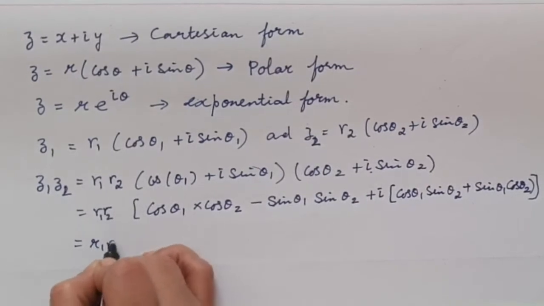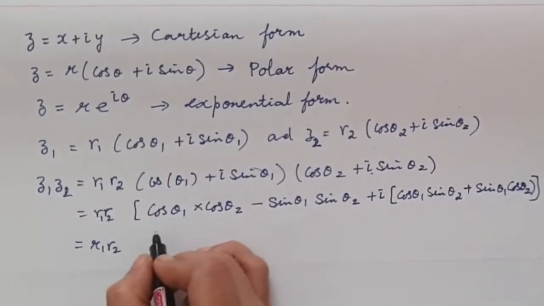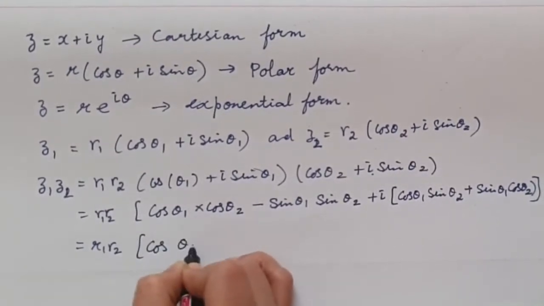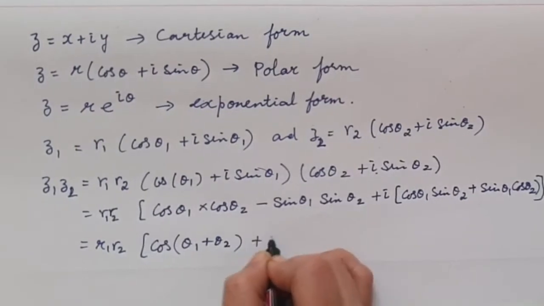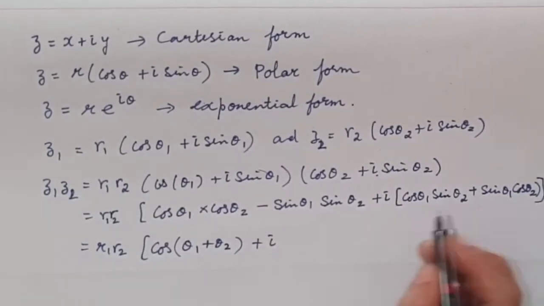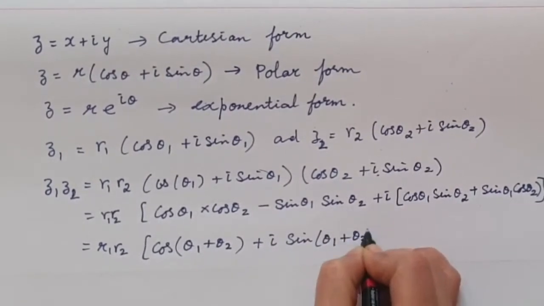So now r1 into r2 into cos A cos B minus sin A sin B will be equal to cos A plus B, so cos theta 1 plus theta 2. Plus i, sin A cos B plus cos A sin B gives sin A plus B, so it is sin theta 1 plus theta 2.